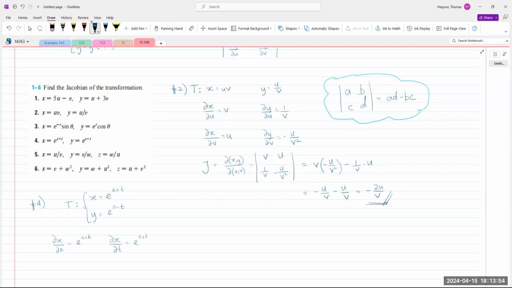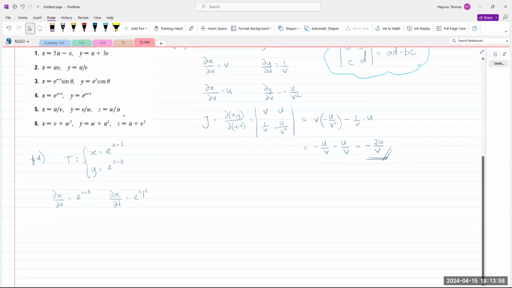Is that right? And then ∂y/∂s, that's the same, e to the s minus t. ∂y/∂t will be negative e to the s minus t.